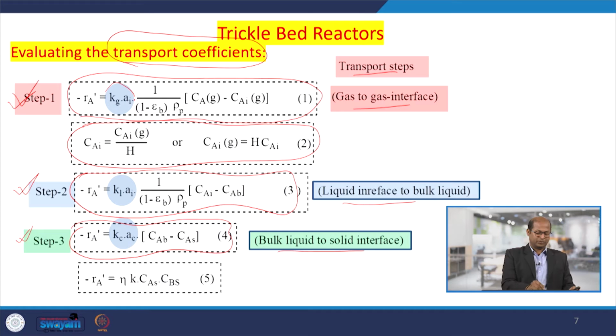If we know the gas-to-liquid interface mass transfer of component A, then Kg Ai is important, here Kl Ai is important, and in this particular rate Kc Ac is important. These are the components we have to find out, and then we can put them in this equation to find the rate, if we know the other parameters.